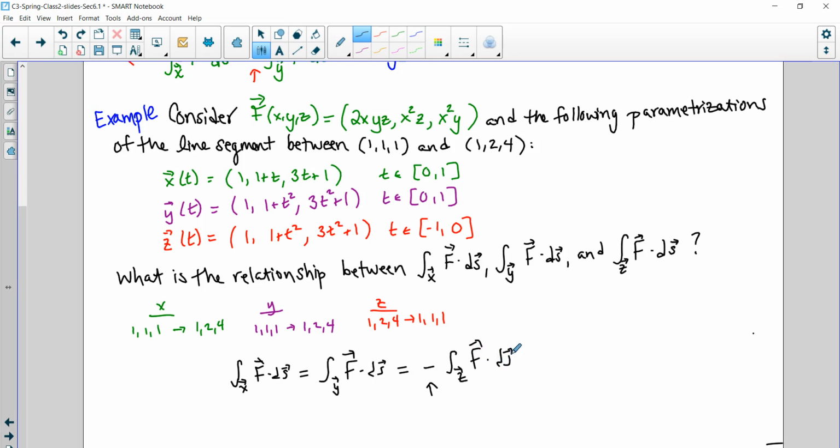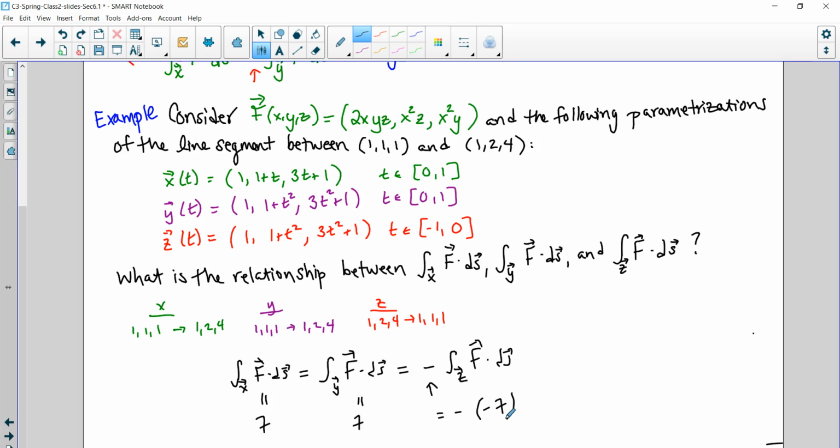Here I didn't ask for any calculations. This would be fine for an answer. If you want, I encourage you to do the calculation, and I will tell you that this ends up being 7, then this ends up being 7, and then this ends up being negative of a -7. I did the calculation, just to make sure I did it right.